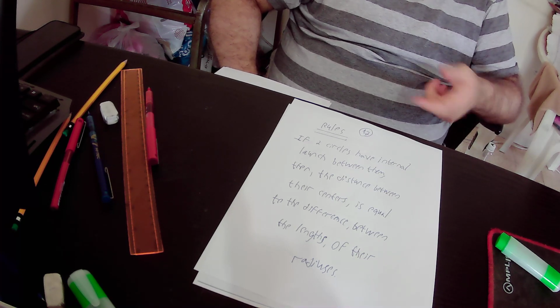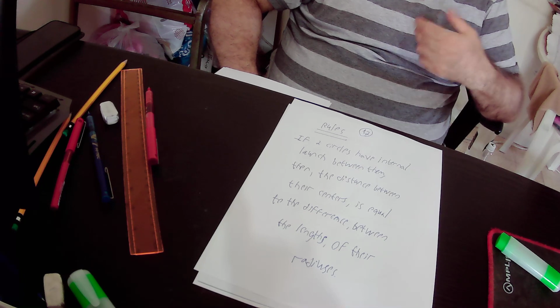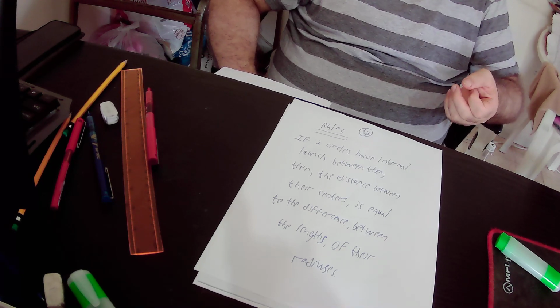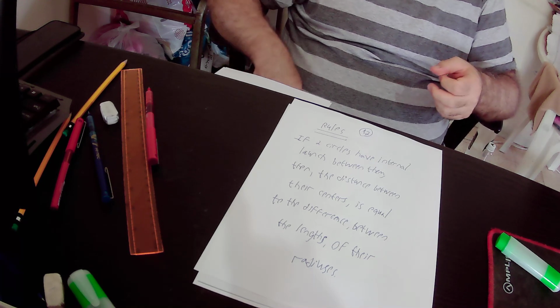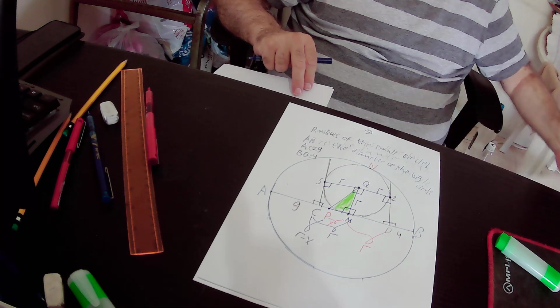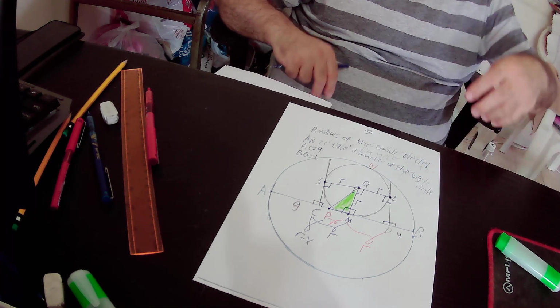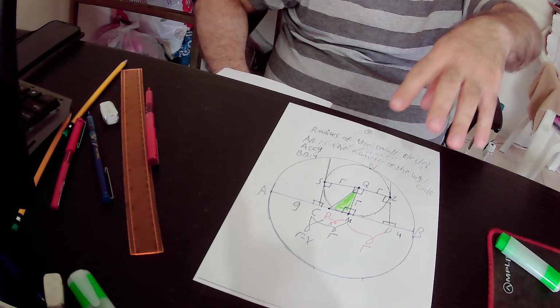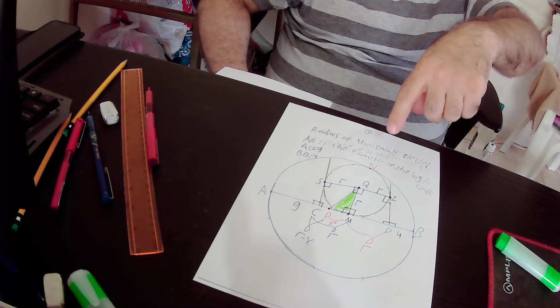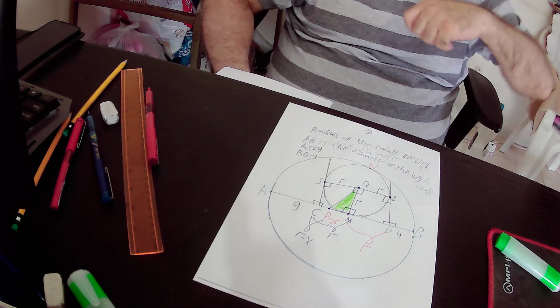That is to say, it will be equal to the radius of the big circle minus the radius of the small circle.